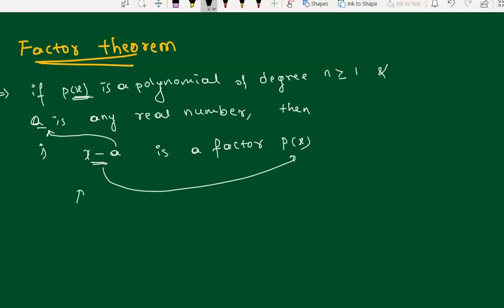What is that remainder? P of a. That is what we have done till now. P of a is equal to 0, then you can say it is a factor of this polynomial. This is what factor theorem says. Only this much, nothing else is there here.